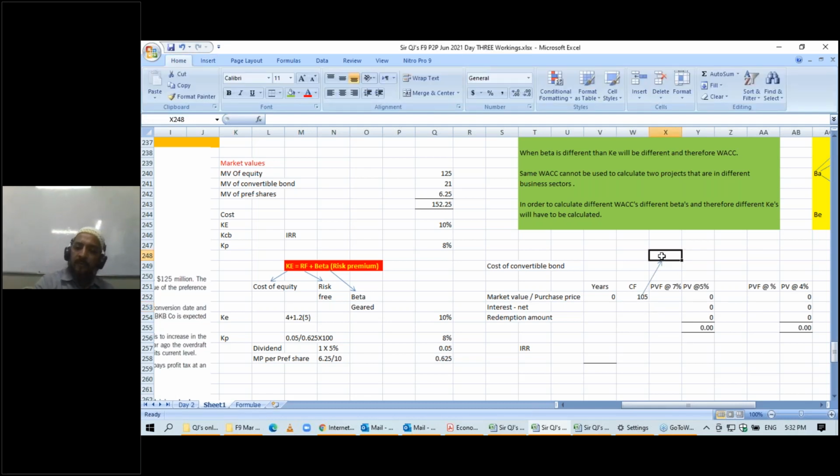You can take 21 million as well, and then you have to work on 21 million bonds for interest as well as for the redemption amount. I'm working on a one bond basis. So if you take the value of one bond, 21 million is the value of all bonds, divided by 100. If you divide by 100, you get the number of bonds, right? 21 million divided by 100 gives you the number of bonds, and then multiply it.